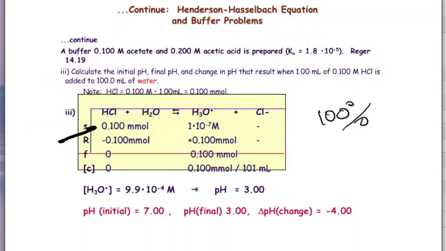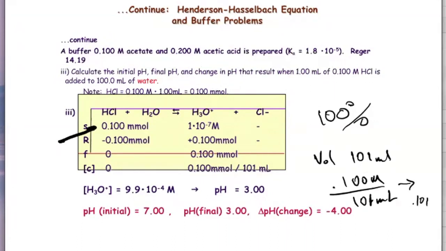Remember, that's a strong acid. The new volume is 101 milliliters. So the concentration of the acid is 0.100 molar over 101 milliliters, or 0.101 liters.